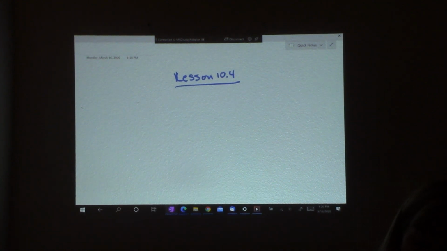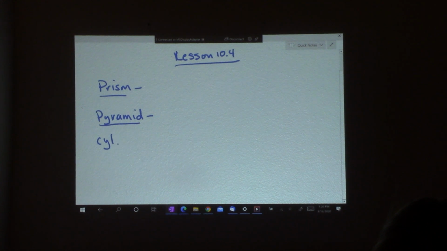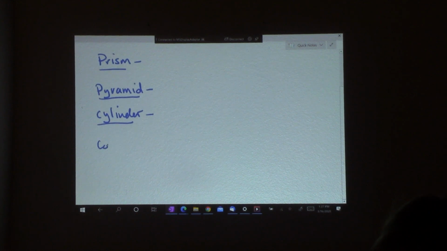Okay, so let's see. Oh, there's some definitions. I don't want to take the time to write them down, but I do want you to have them in your notes. So I'm going to leave space. So in your book, I want you to copy down the definition of prism, pyramid, cylinder, and cone.